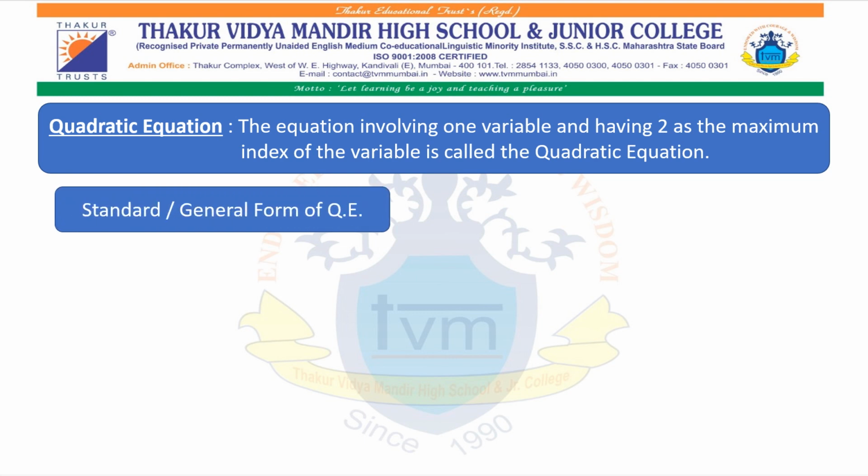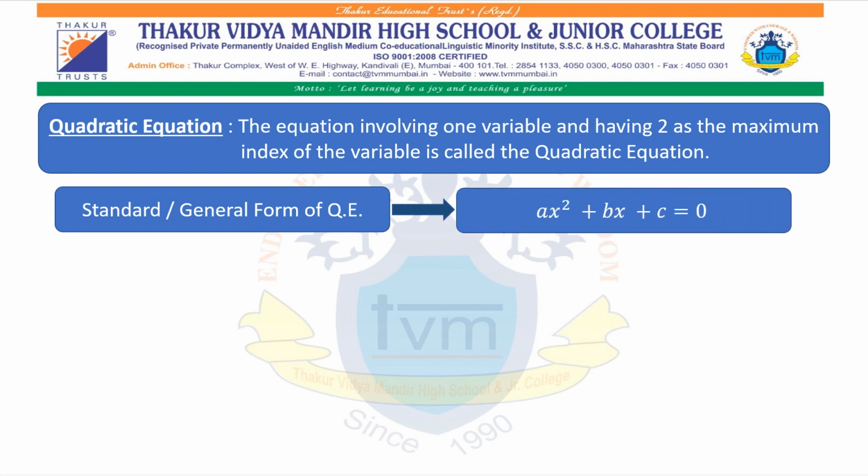Let us see now standard or general form of a quadratic equation. The general form or the standard form of a quadratic equation is ax square plus bx plus c equals to 0. Here x is the variable.